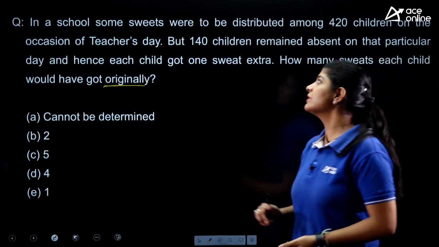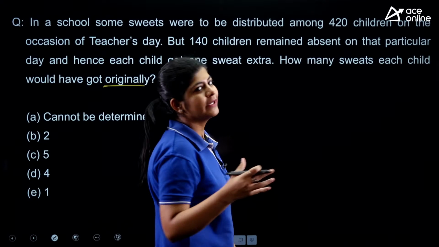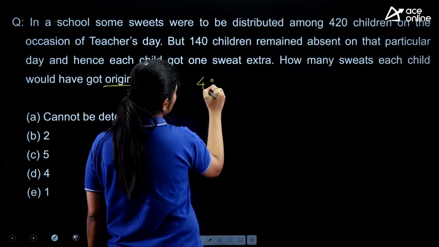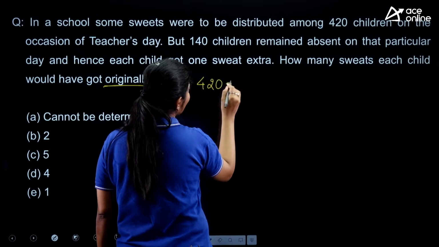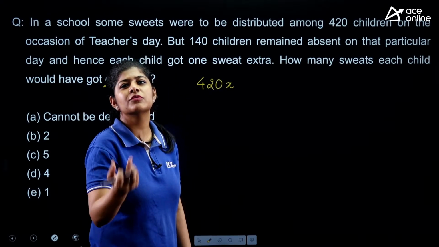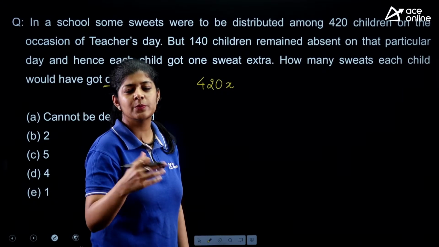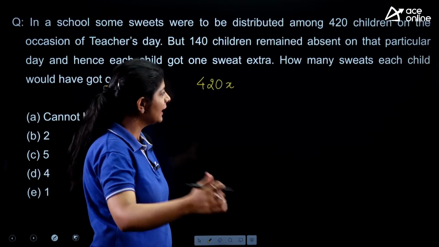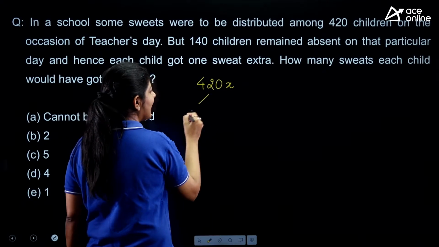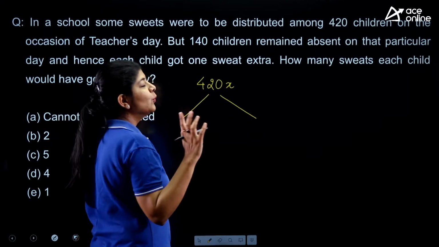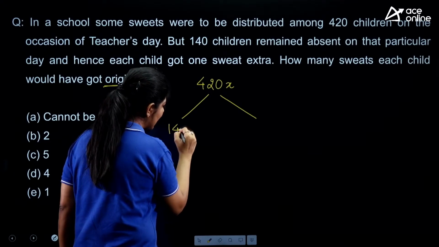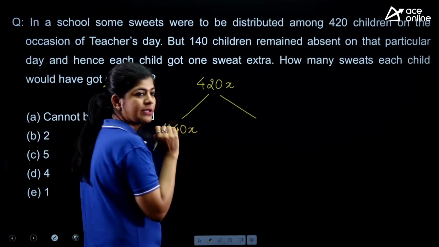So initially I am just assuming that the number of sweets that we are going to distribute is 420x. Why am I assuming x? Because there are chances that maybe I am giving 4 sweets to each person, 2 sweets to each person, 1 sweet to each person, right? So x is my multiple, right? But the question is saying that on that particular day, 140 students are absent. That means I am still left with 140x sweets.